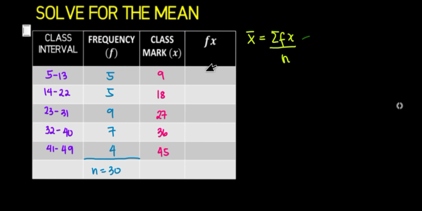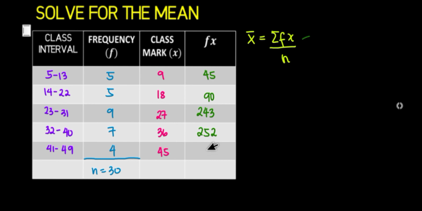So, 5 times 9 is 45. And then, 5 times 18 is 90. And then, 9 times 27 is 243. And then, 7 times 36 is 252.